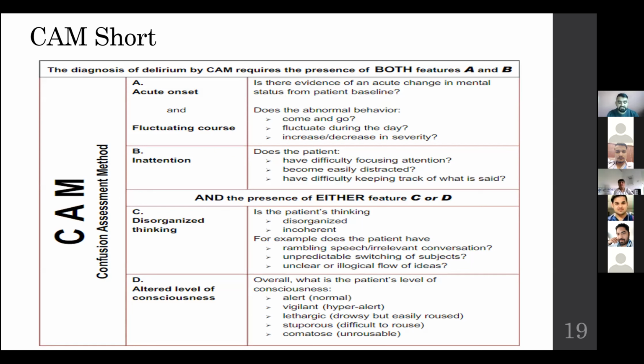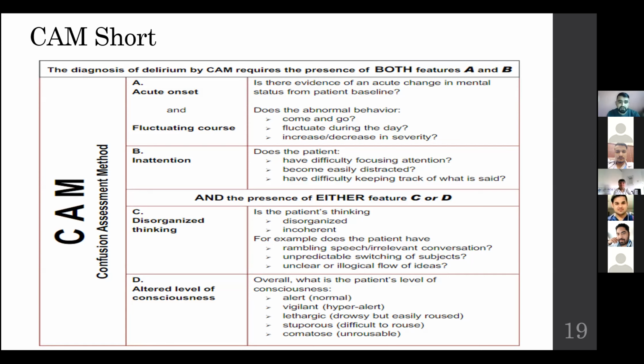In A, acute onset and fluctuating course of changes in behavior from the baseline, and in B, that is inattention, we have to check whether the patient has the ability to give attention or not.